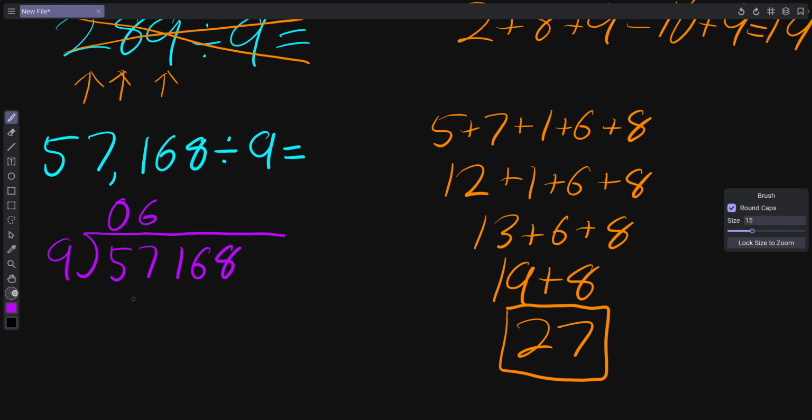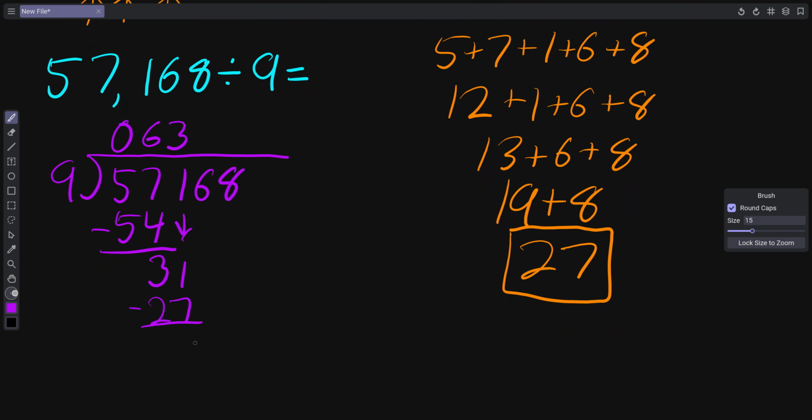Because 9 times 6 equals 54. We subtract this. That's going to leave us with 3. We drop down the 1. 9 can go into 31 3 times. And 3 times 9 equals 27. We subtract these. That's going to leave us with 4. We drop down the 6.